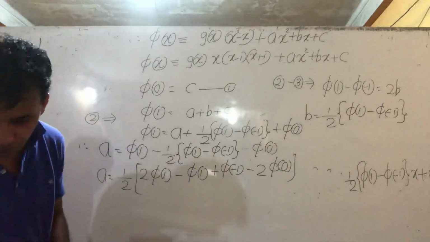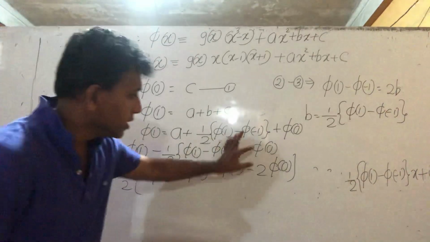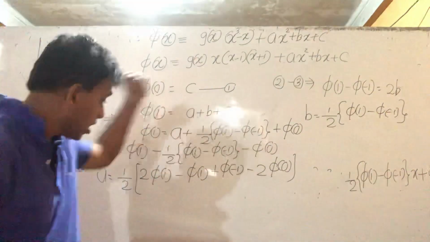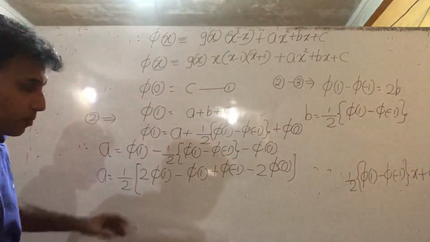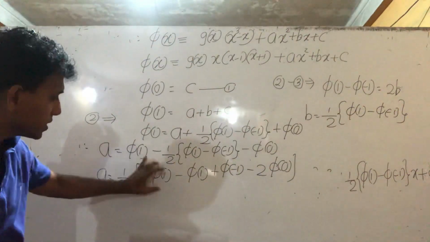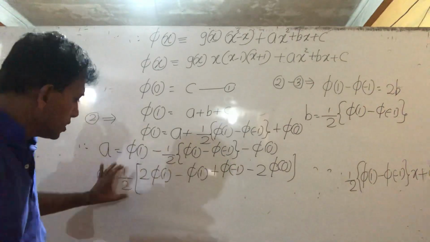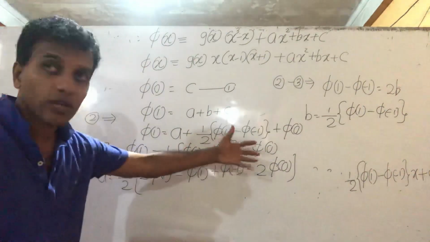See the answer, you have to rearrange. Here no half. If I take a half, I should multiply it. If you doubt, multiply the bracket. This into this, this into this. Everything okay.